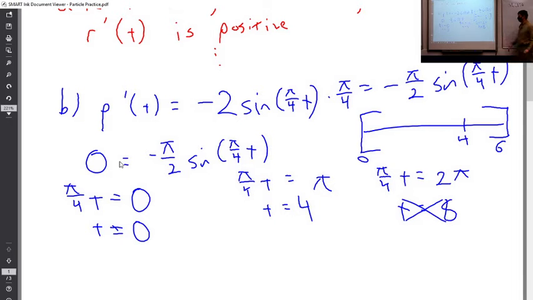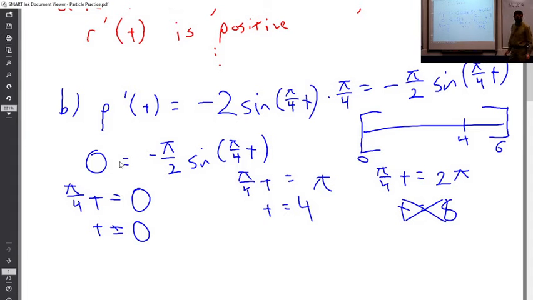Here is 4. We want to know when this is positive and when this is negative. So let's see. A point between 0 and 4. Let's pick 1. If I put a 1 in here, I'm looking for the sine of pi over 4.